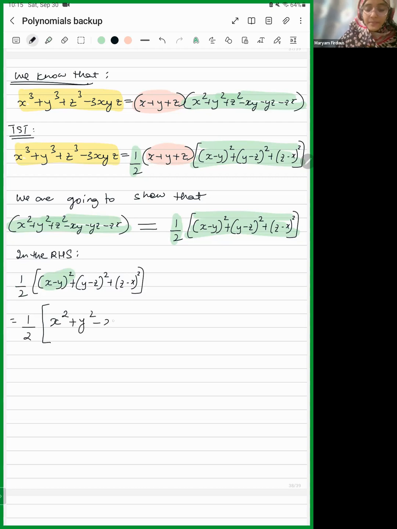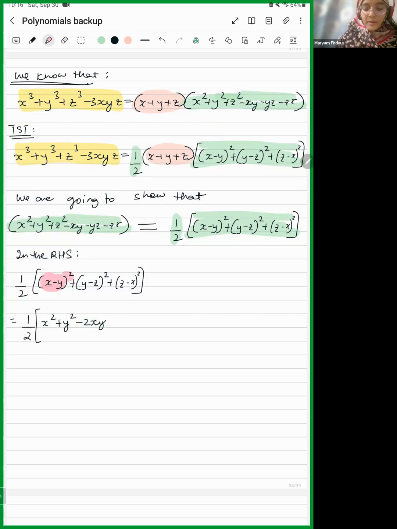I think I should write it a little bit smaller because it's not going to be able to fit everything over here. So x square plus y square minus 2xy. Okay, then next term. Y square plus z square minus 2yz.